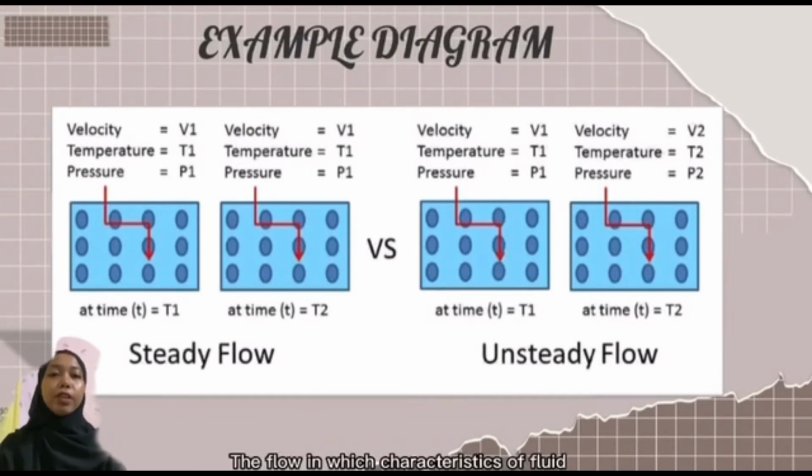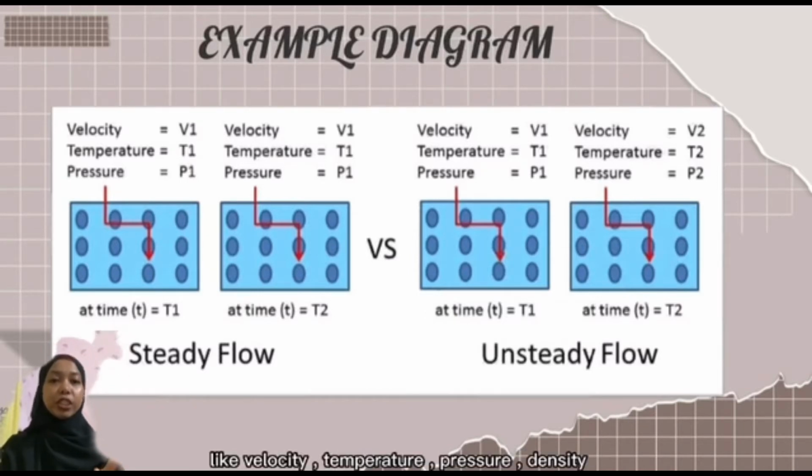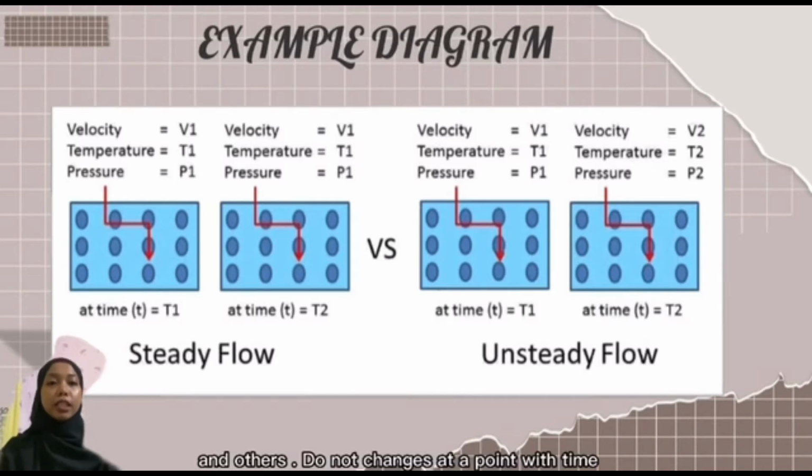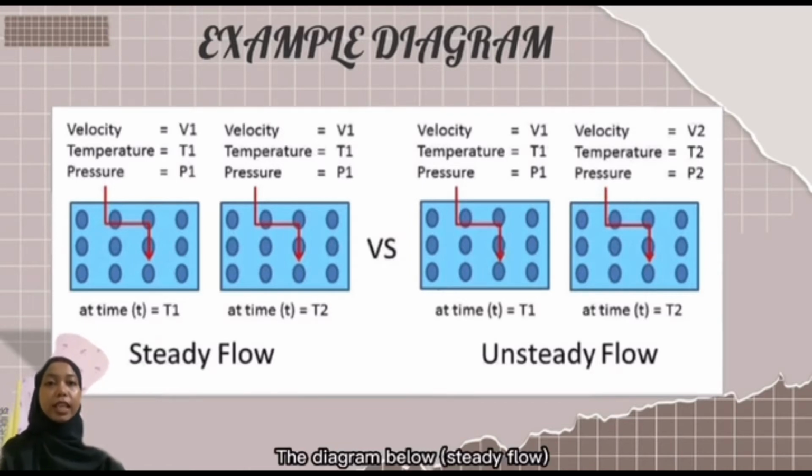The flow in which characteristics of fluid like velocity, temperature, pressure, density, and others do not change at a point with time is known as steady flow. The diagram below, steady flow, shows that velocity 1, temperature 1, and pressure 1 at T1 are equal to those at T2.